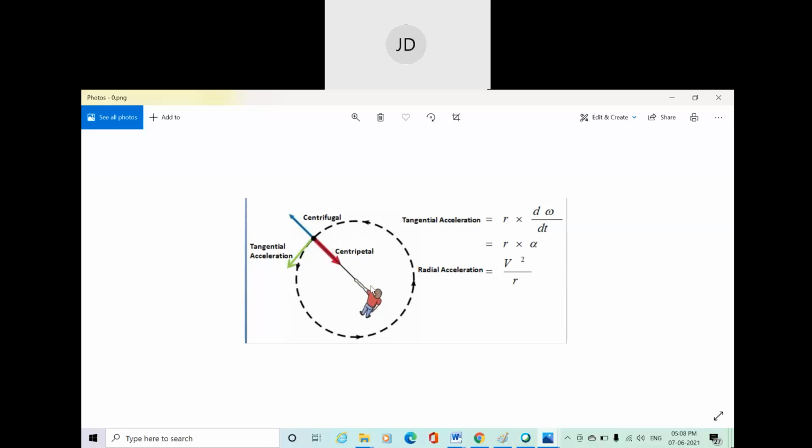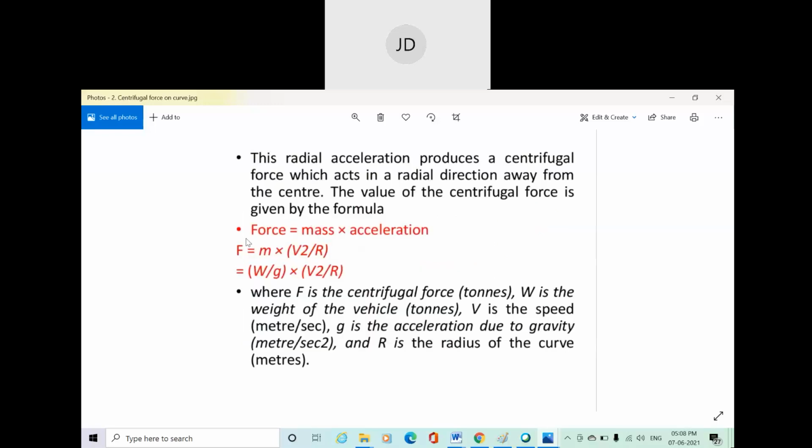Because of this radial acceleration, it creates centrifugal force, and we need to resist this centrifugal force by implementing super elevation. So these things are about centrifugal force. F is equal to m v square by r, or in other words, we can write w by g v square by r.